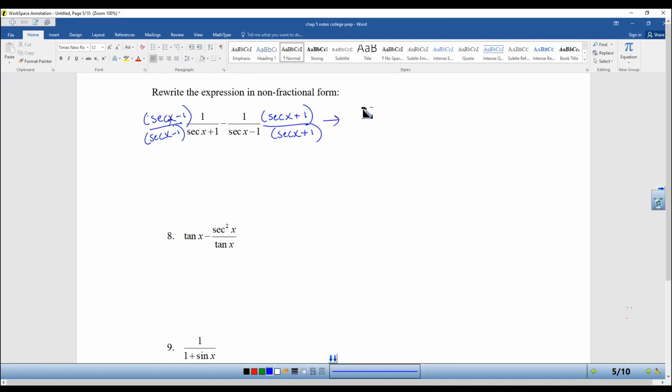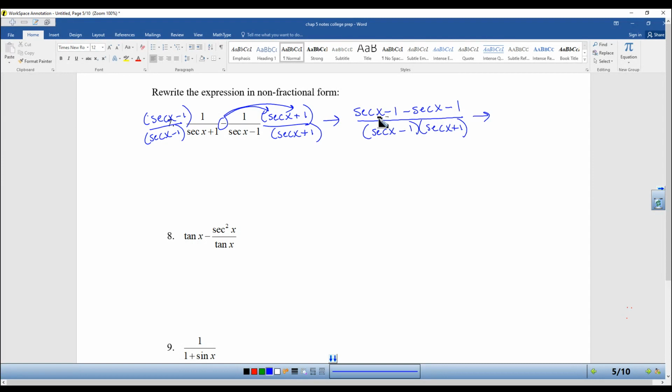So this brings me to secant of x minus 1. Now be careful, I have to distribute this negative, and technically the 1, but it's just a 1. So minus secant of x minus 1. And now that they have a common denominator, I can make them all into one fraction.